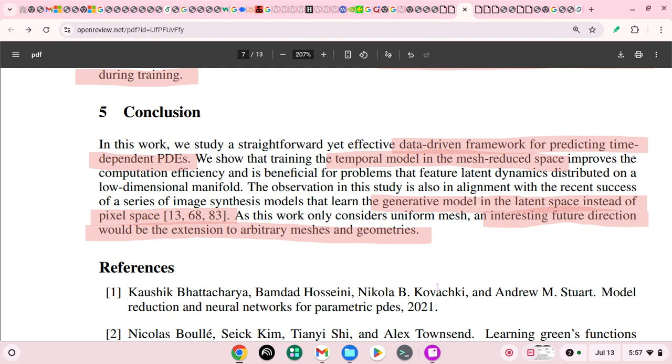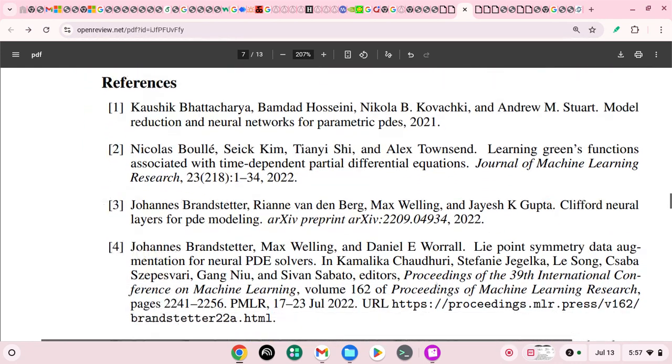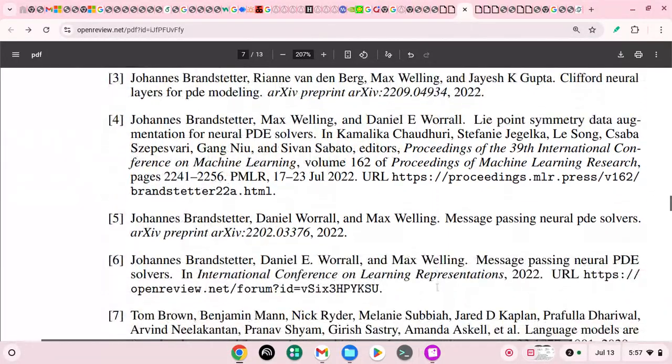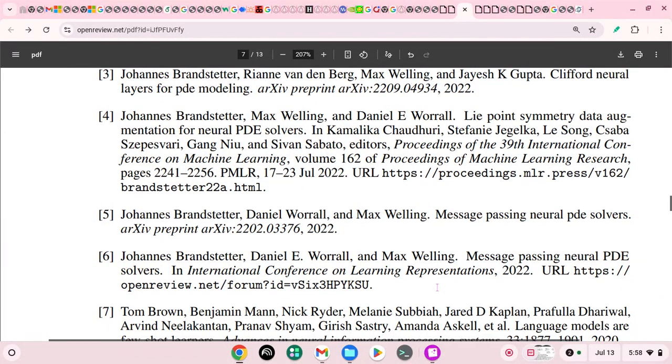The future direction would be to not go for standardized grids, but to go for arbitrary measures and complex geometries. So what the authors try to claim here is nonlinear projections and evolving the dynamics in the reduced space.